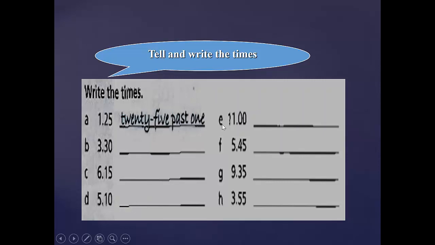And then we have E. E is simply 11 or 11 o'clock. Then we have F. F is 5:45, okay? And the reason for that is obviously 15 minutes remaining. I cannot say, you guys, be careful here.